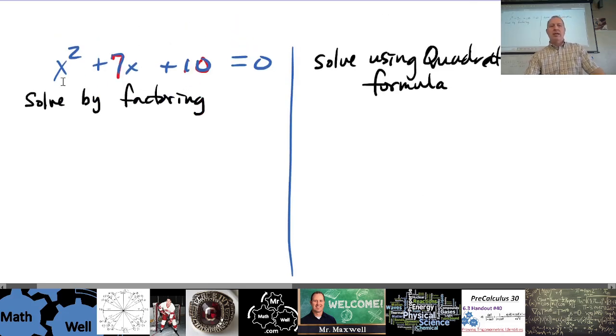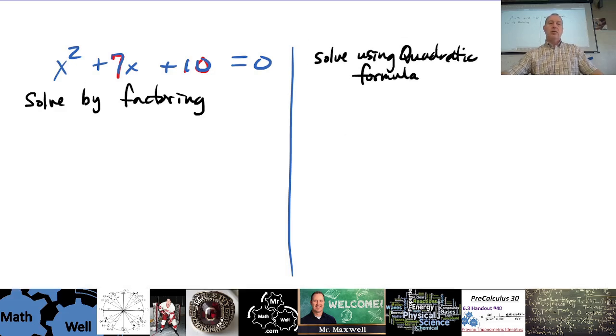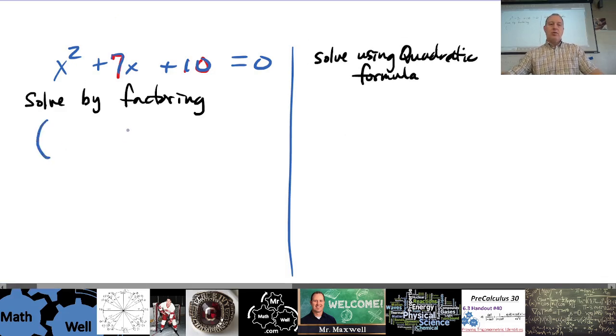Please write this down. This quadratic equation is fairly easy to factor and to find the roots using the zero product principle. We've done this before, so I will do this with you. Let me just squish that up so you can see that. On the left side, I'm going to factor this. It's a quadratic trinomial, so I'm going to try to factor this into two binomials.